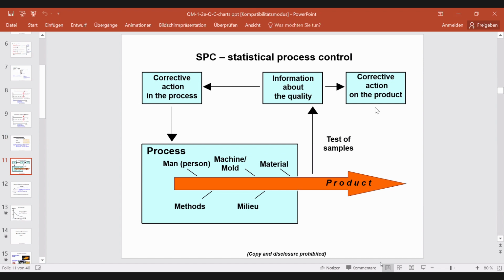So this is not a very good solution here. So the goal is, if there are some problems with the quality, and you see this in the quality control chart, then if there is a problem, you have to correct the process.